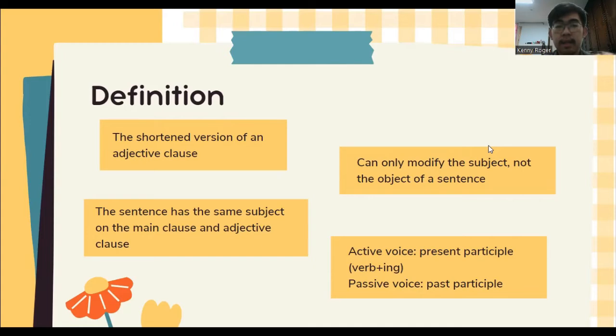We can reduce a sentence when the sentence has the same subject in the main clause and adjective clause. Then, the reduced adjective clause becomes an adjective phrase which does not have a subject. Otherwise, the adjective phrase has a verb which is a present participle, verb plus ing, for the active voice, or a past participle for the passive voice.